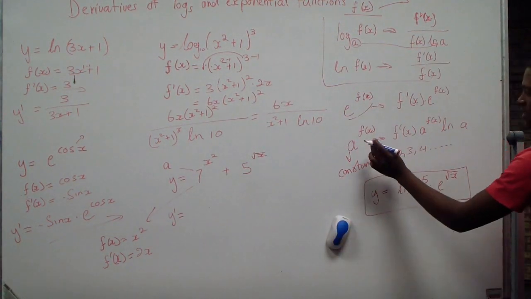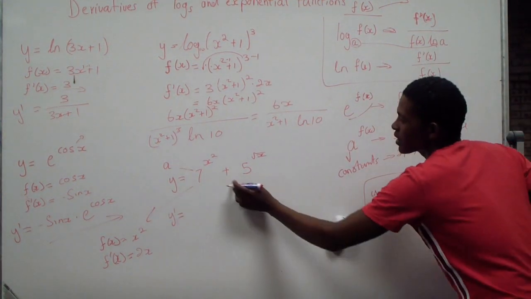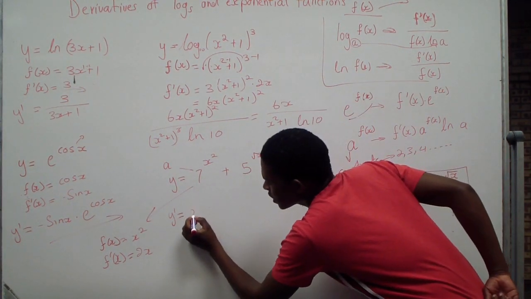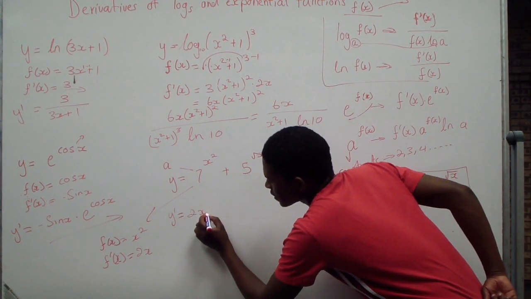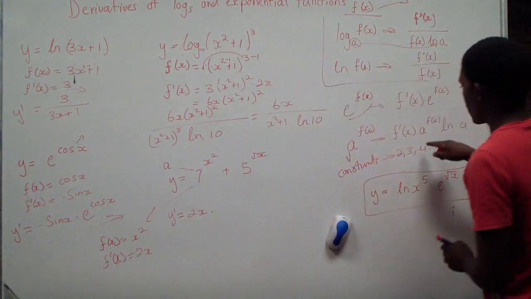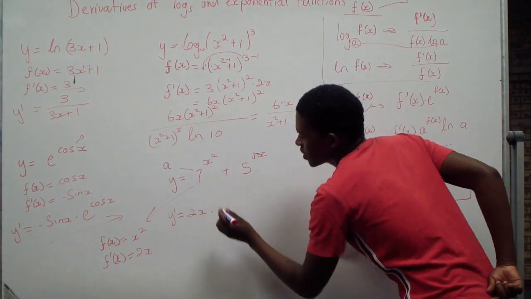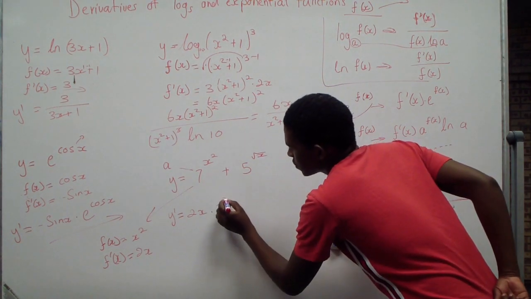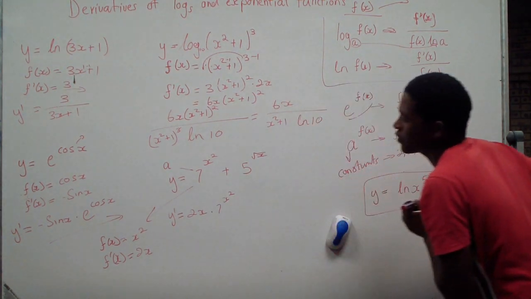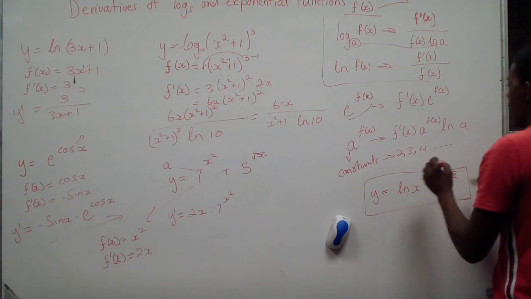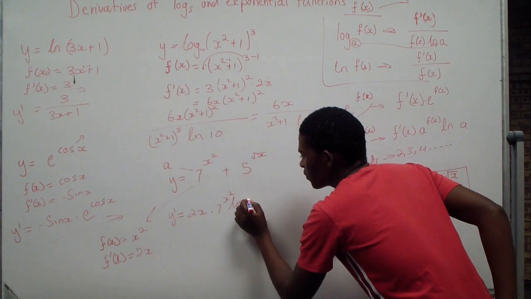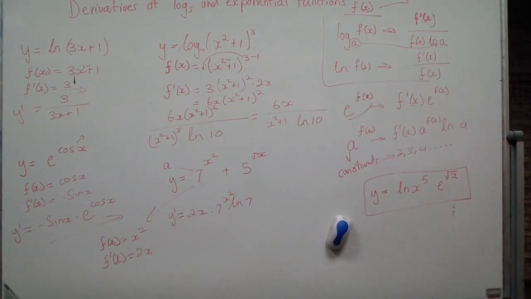So now I can say the derivative of my function, in this case, will be 2x multiplied by my base. My base or a is 7 to the power of the function x squared, multiplied by ln of my base, which is 7.